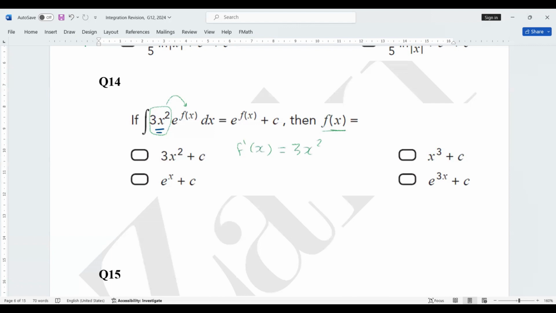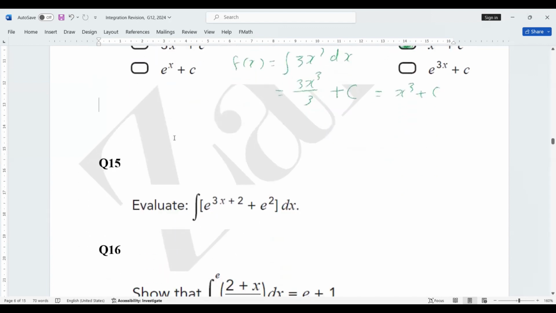We need f(x), so f(x) is the integration of 3x squared dx. Integration of 3x squared: add 1 to the power, divide, plus constant. So this is the reason I asked, is it x cubed only? No, it's x cubed plus constant. So the correct answer is x cubed plus c.